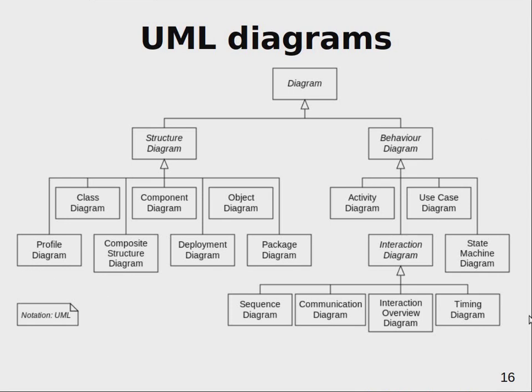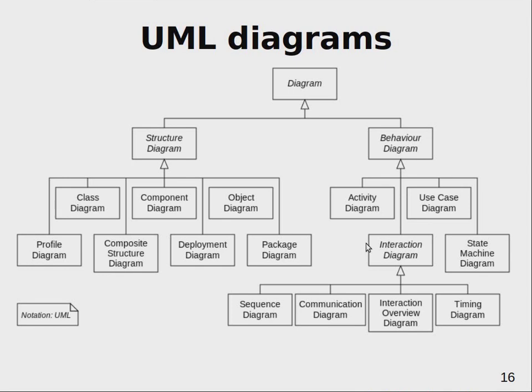And with these two, if you use both a structural part, like a class diagram, and a behavioral part, like an activity diagram or state machine diagram, in theory, you can describe the entire system, what it has and how it behaves, just using pictures.